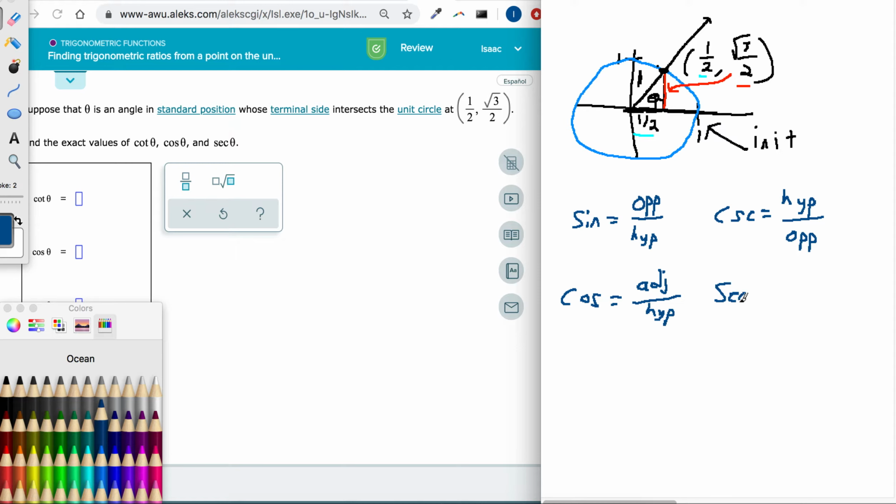So secant is like adjacent's brother or sister, whatever you want to say. It's the hypotenuse divided by the adjacent. And then tangent is opposite over adjacent. So cotangent is the reciprocal, adjacent over opposite. All right, so we need that for this triangle.